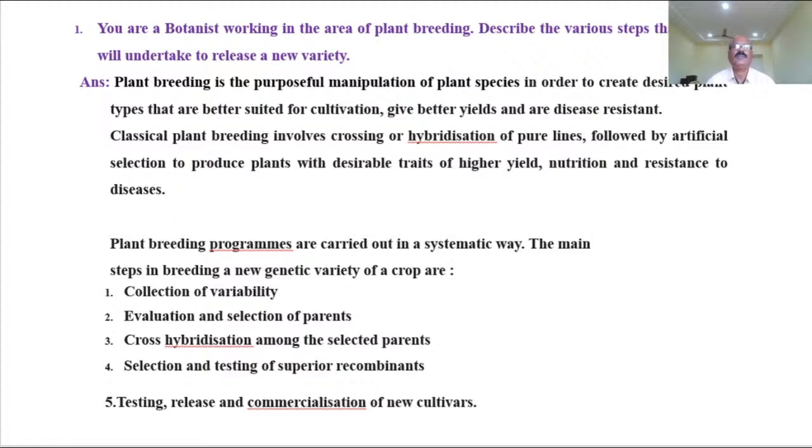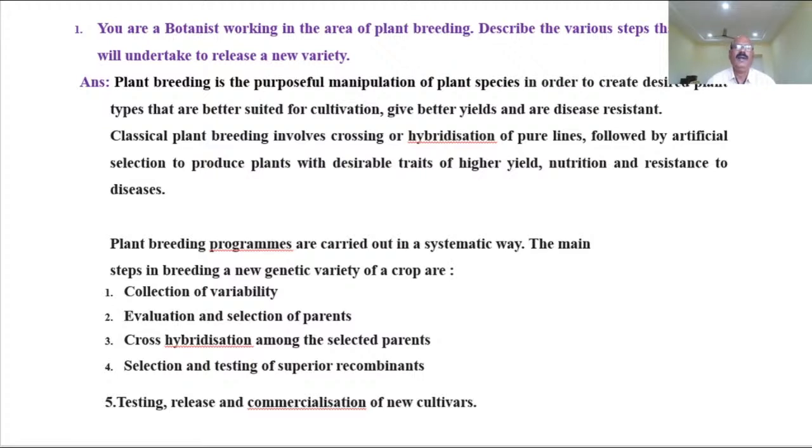Classical plant breeding involves crossing or hybridization of pure lines followed by artificial selection to produce plants with desirable traits of higher yield, nutrition, and resistance to diseases.